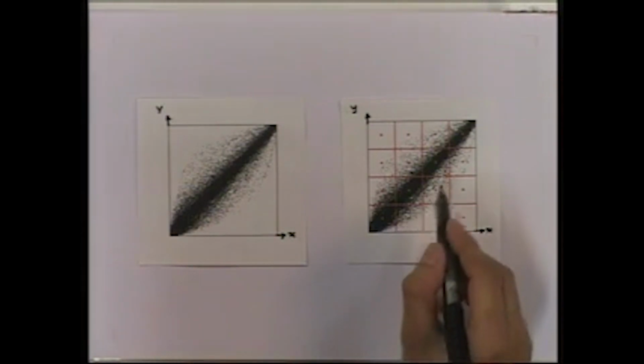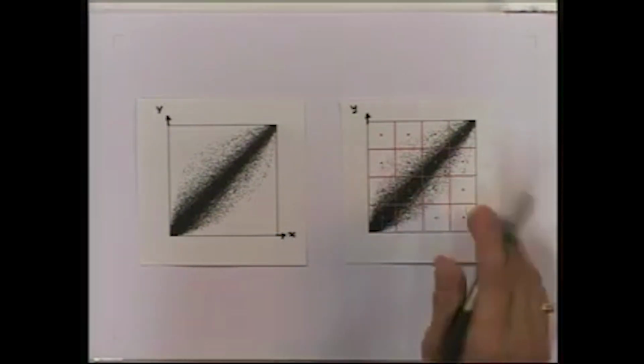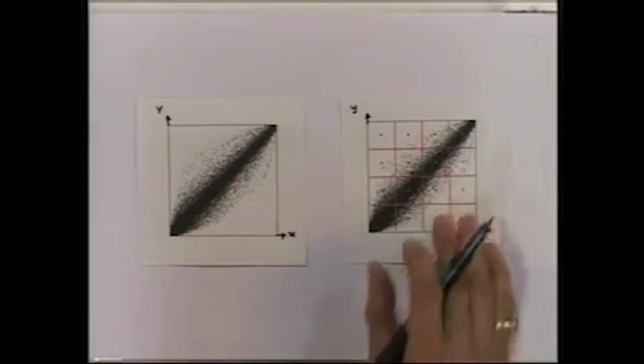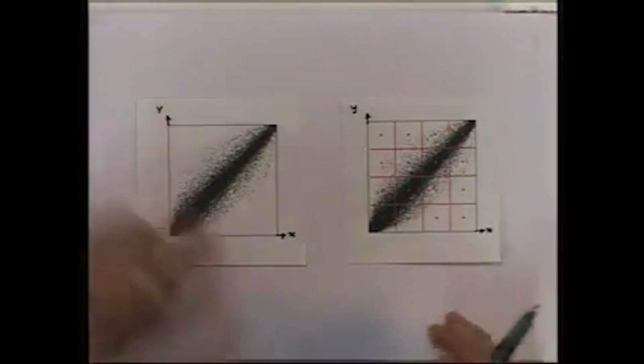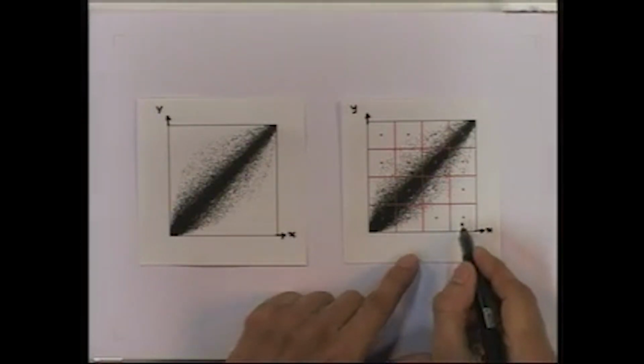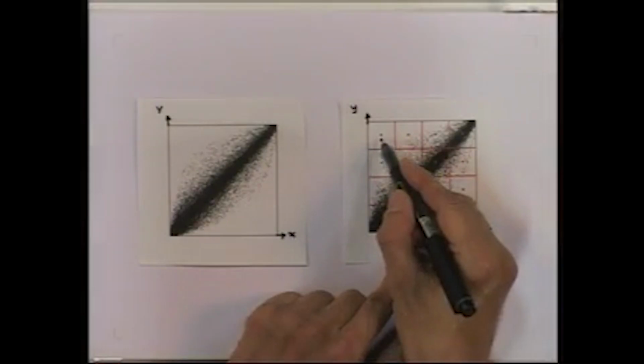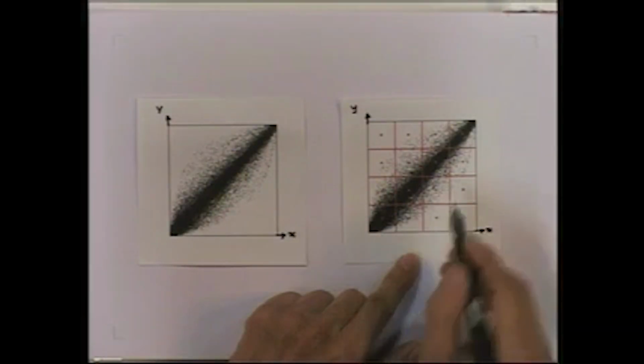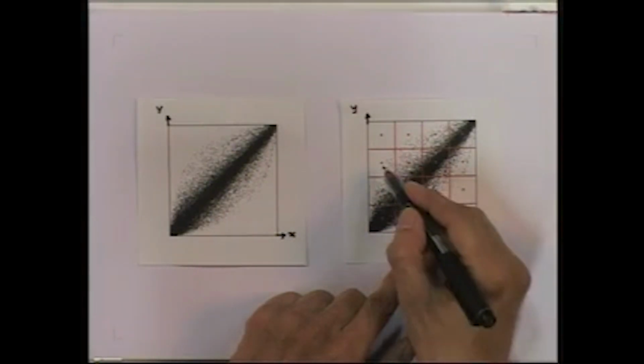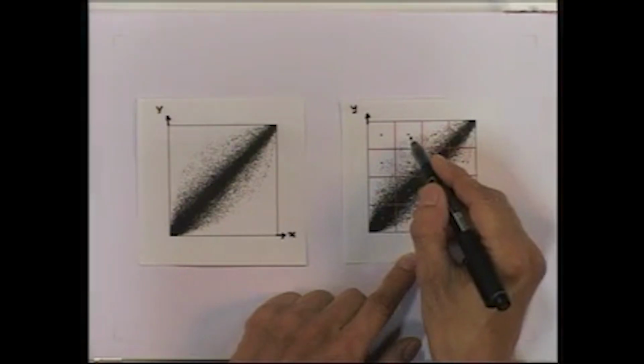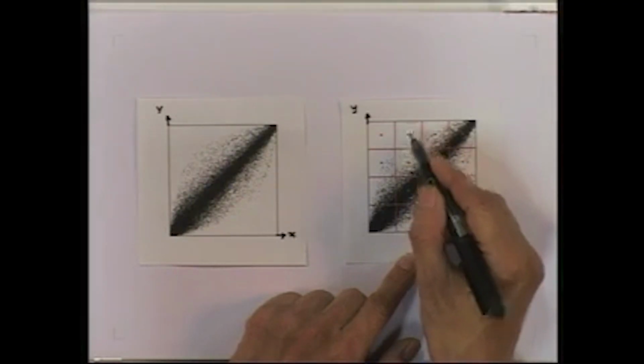Now, it is easy to see why this quantization is very inefficient. 2 of the cells are completely empty and 4 other cells are very sparsely populated.